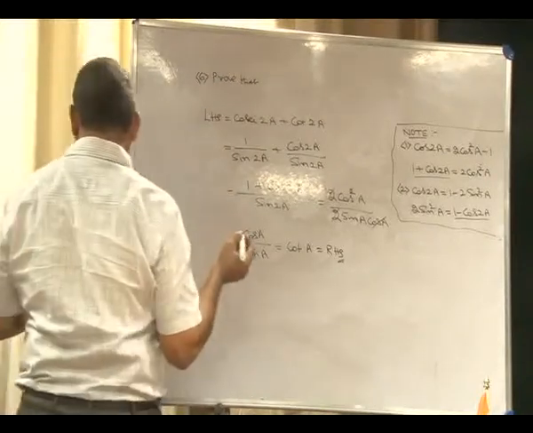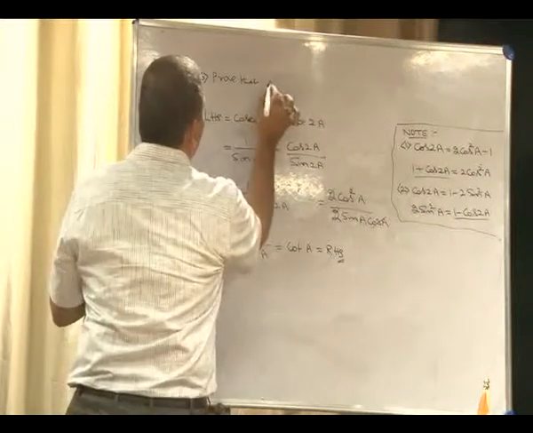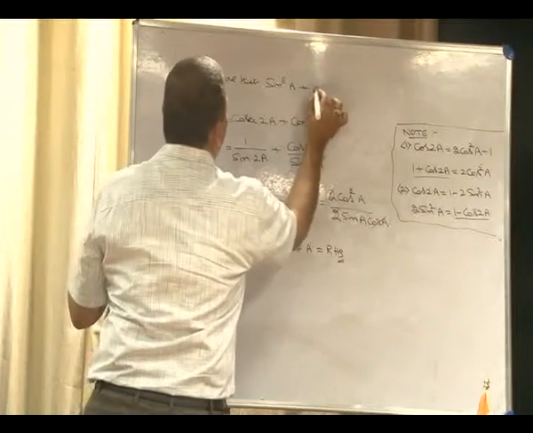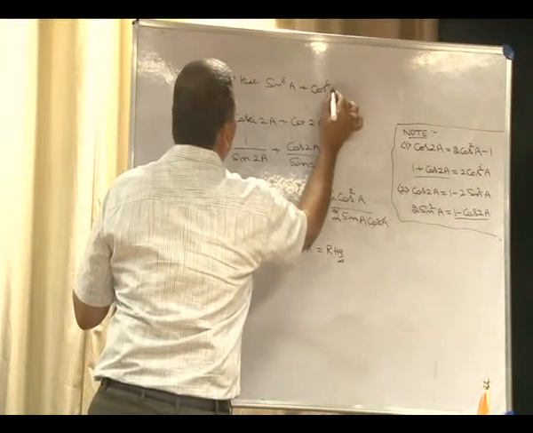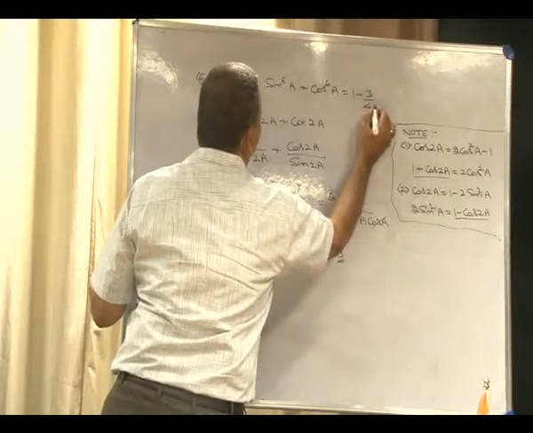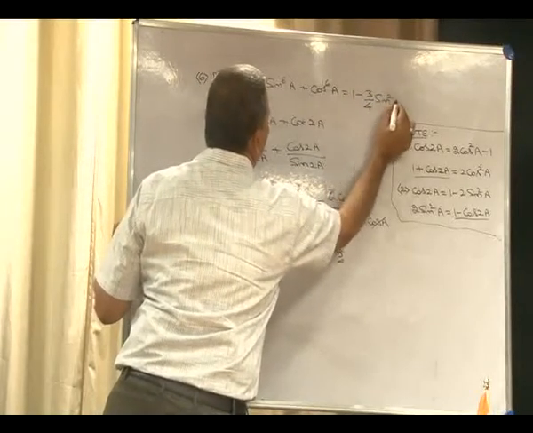Next problem. Prove that sin to the power of 6A plus cos to the power of 6A is equal to 1 minus 3 by 4 sin square 2A.